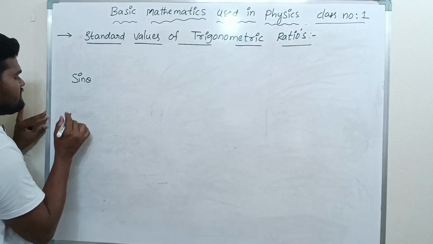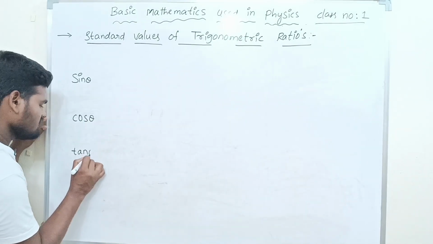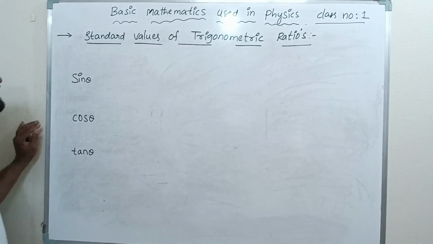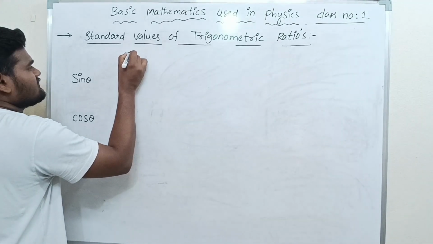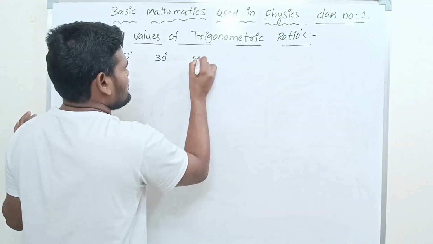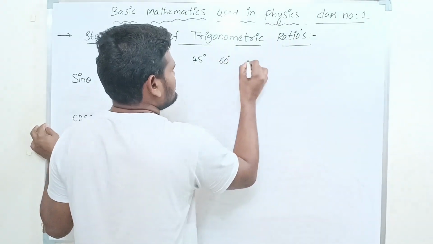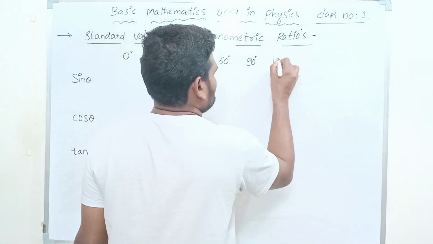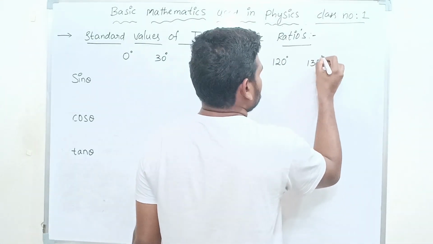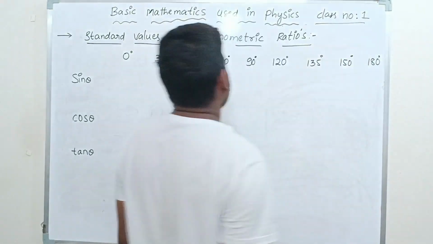Give some space in between them. If we know these three, we can write all other trigonometric function values at 0 degrees, 30 degrees, 45 degrees, 60 degrees, 90 degrees, 120 degrees, 135 degrees, 150 degrees, and 180 degrees.